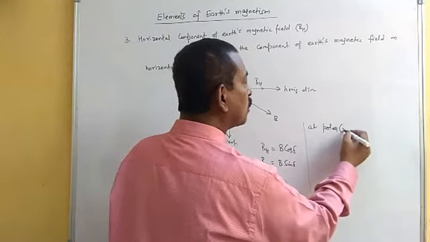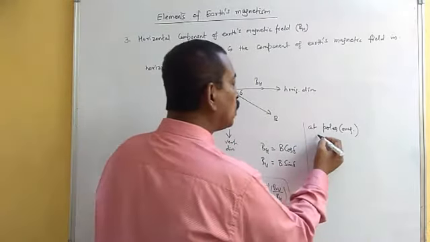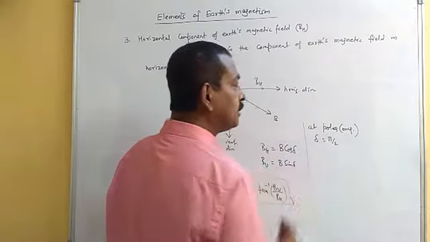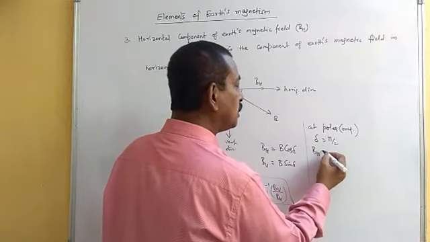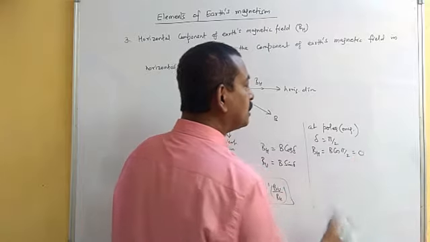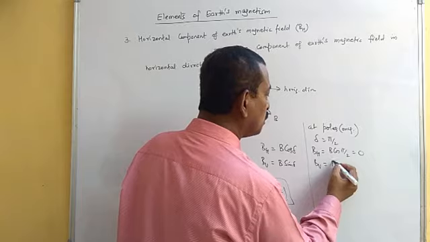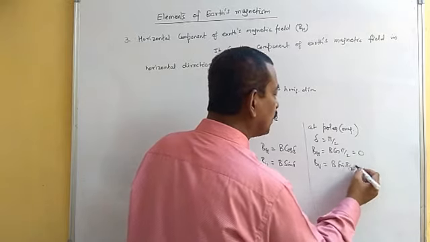That means when we say poles, we mean the magnetic poles. So at the pole delta is 90, so BH will be equal to B cos(pi/2), and that is 0. And BV will be B sin(pi/2), and that is B.